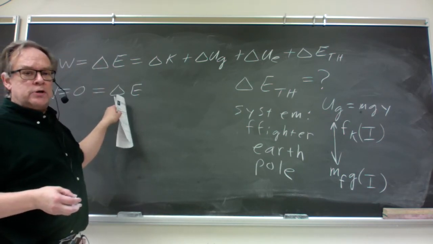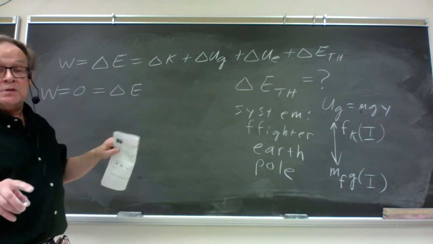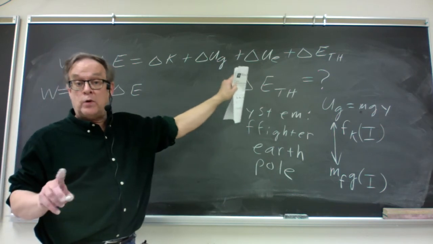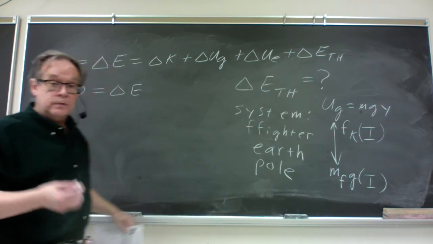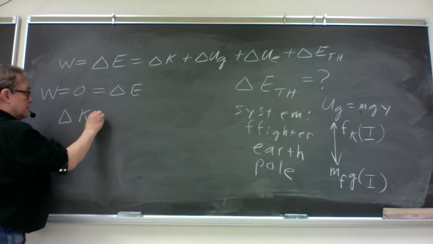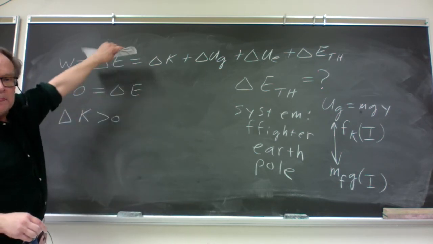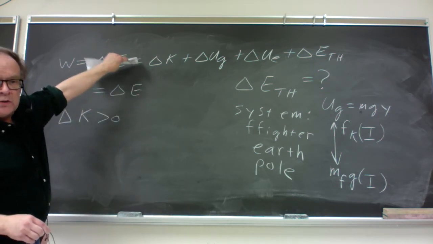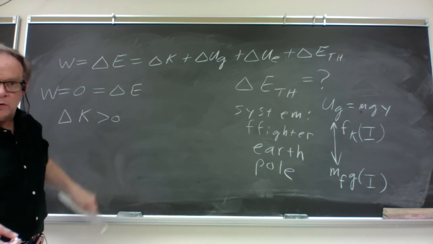So there's no change in the total energy, but there are changes in the individual types of energy, and we need to be aware of what they are in order to get everything correct here. There is, for example, an increase in kinetic energy. The change in kinetic energy is positive because the initial velocity of the firefighter is zero and the final velocity of the firefighter is greater than zero.